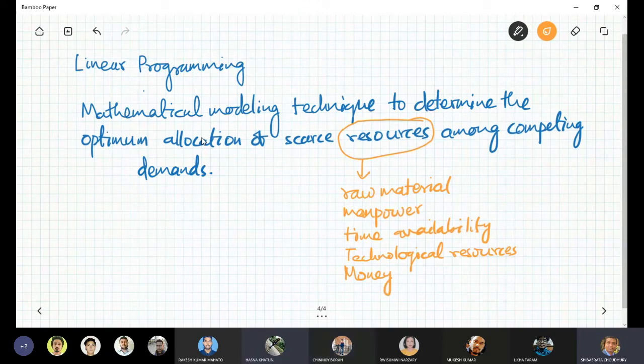Space is also another resource, isn't it? So these are the resources.